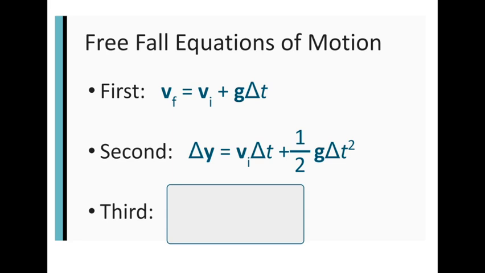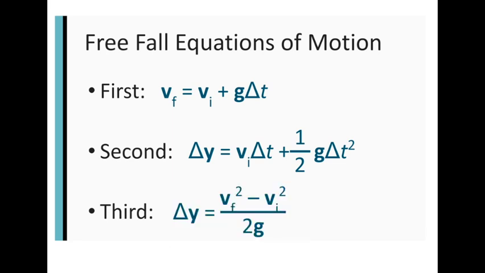Gravity's pulling down, if you were thinking about that. But you're welcome to leave it as change in x, and in my brain, I left it as change in x because that's what all the other ones were. Our third equation, again, this is going to be your change in x that we're talking about here. And we just replace 2a at the bottom with 2g, gravitational pull.